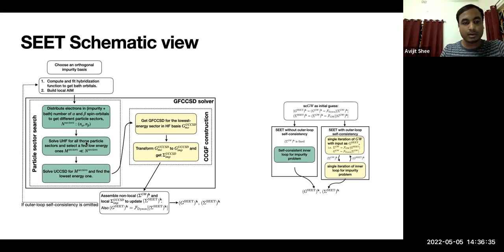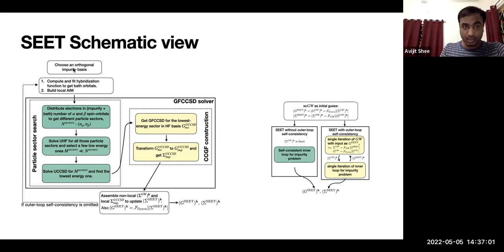After we obtain this number of particles, we solve for the CCSD Green's function. But we can do this only in a quasi-particle basis, the Hartree-Fock or MO basis, and in the next step we transform into the orthonormal impurity basis that we have chosen.